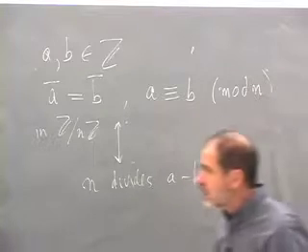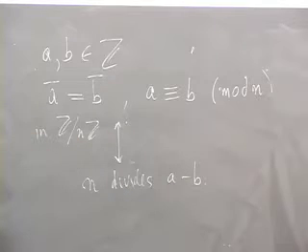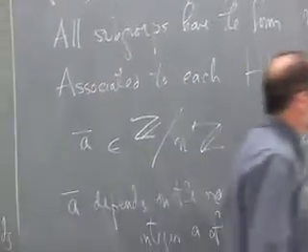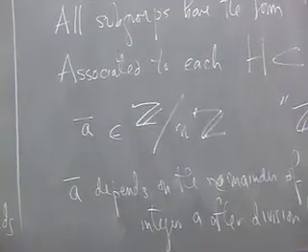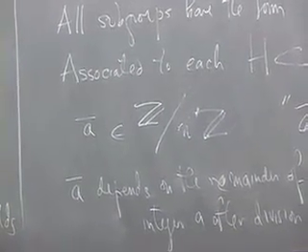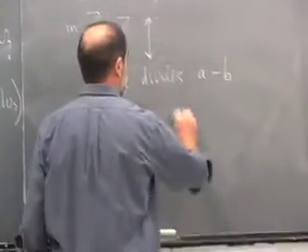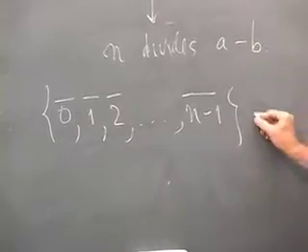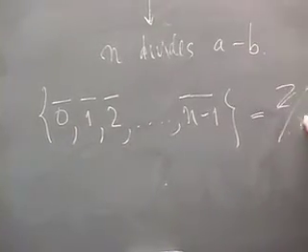And so in particular, this new group, which only depends on the remainder, has only n elements in it. So this new group consists of the elements 0 bar, 1 bar, 2 bar, up to n minus 1 bar, because those are the only possible remainders. That's the group Z mod NZ.